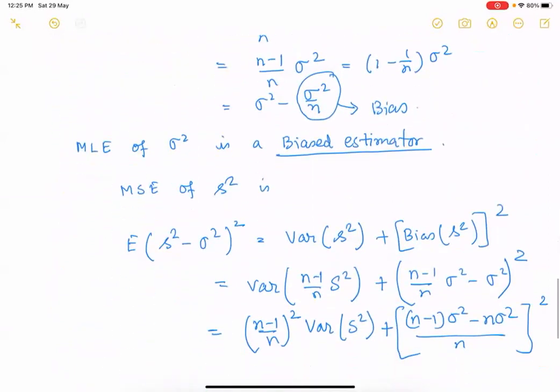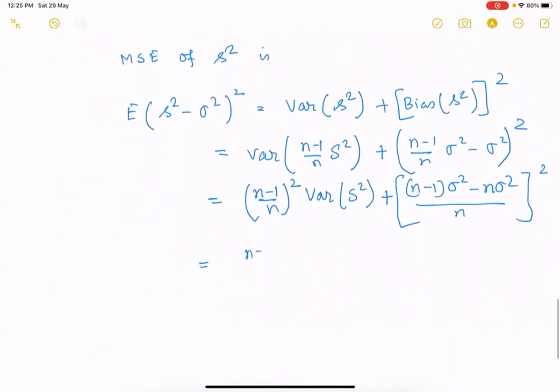So n minus 1 whole square by n square times 2 sigma to the power 4 by n minus 1, plus sigma to the power 4 by n square.